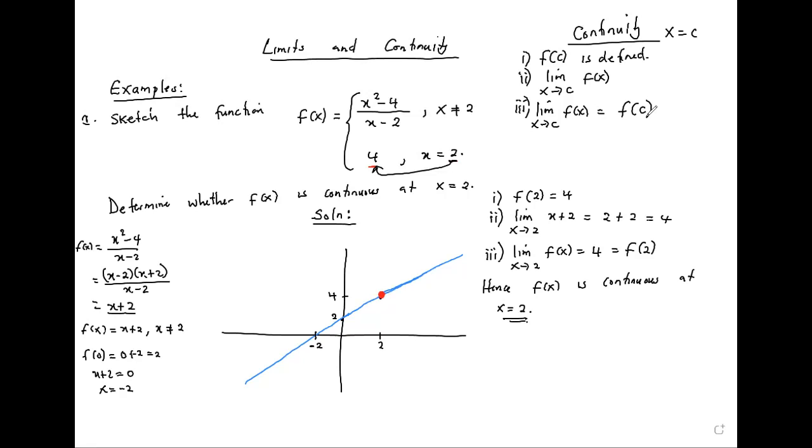Because that's the function that we're having, x squared minus 4 over x minus 2, which we have simplified to x plus 2. So you substitute where there's x, you take 2. So you have 2 plus 2, which is 4 as our limit. Then in the third step, you compare the limit value that you have gotten in part 2 and the function value that we've gotten in part 1. If they are the same, then we say the function is continuous.